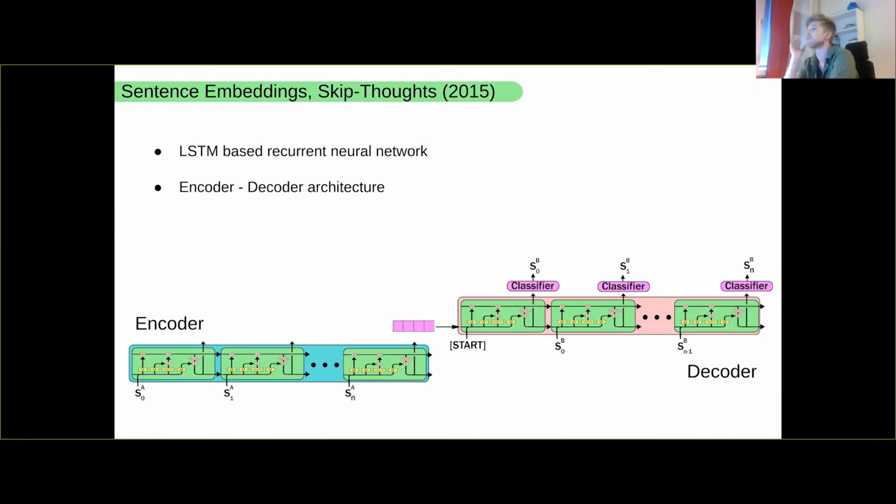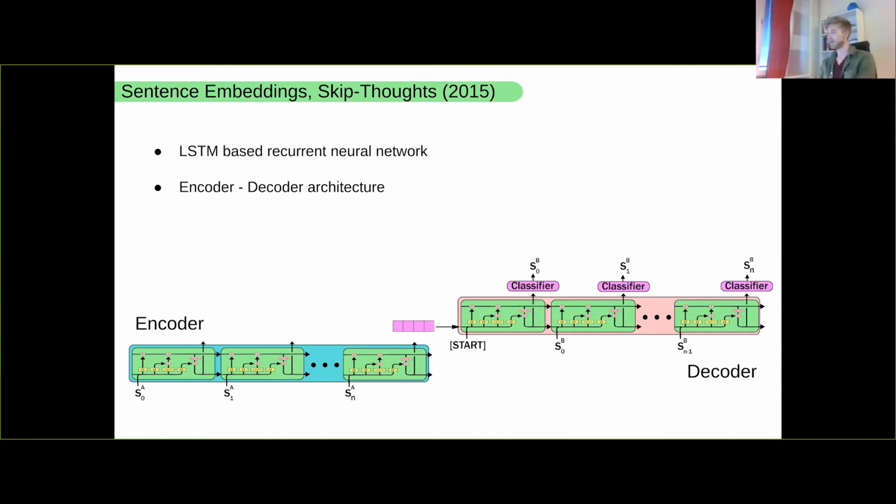And kind of the first method to pop out there was Skip-Thoughts. It was proposed in 2015, so this is pre-transformer NLP style. They utilize an encoder-decoder structure where they try to predict nearby sentences.